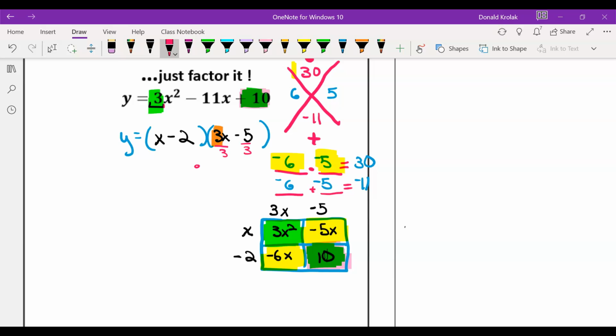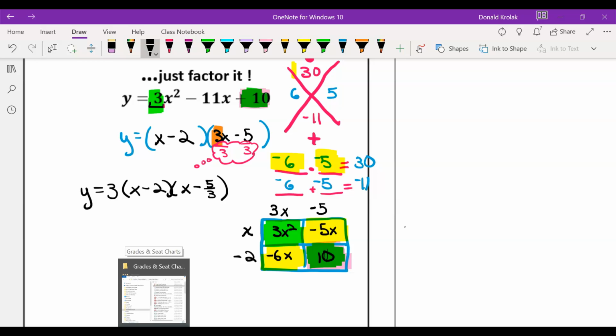That's what's going on. So to represent that, when I factor out a 3, pulling a 3 out of this, that would be X, and that would be negative 5.